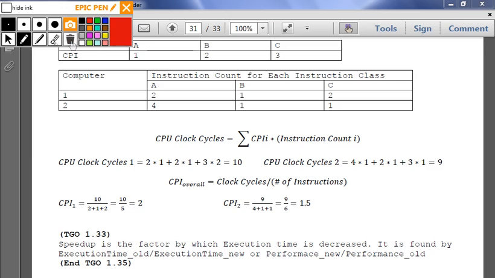Yes, computer 2. And by how much? Remember, performance is, so now we can use 2 divided by 1.5. My goal in this class is not to test how well you can use a calculator. So if you write down the correct ratio, that's fine.